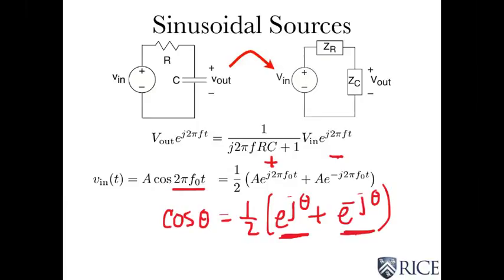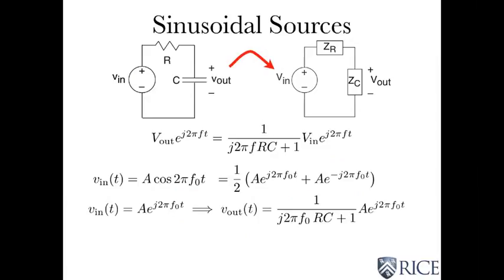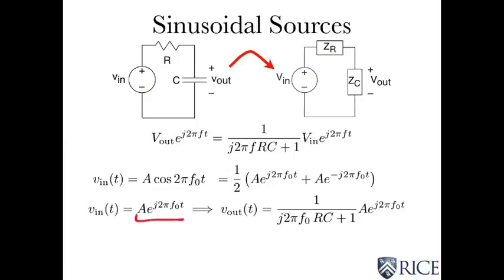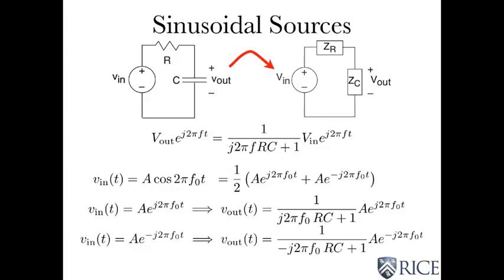So we can figure out what the output is for each piece at least. We know that if the source was this term, that's the output. And we know that if it's the negative frequency term, all we have to do is replace f by minus f, and we get the answer.